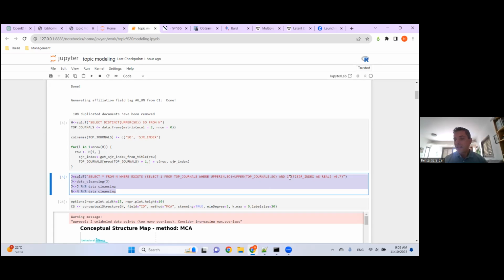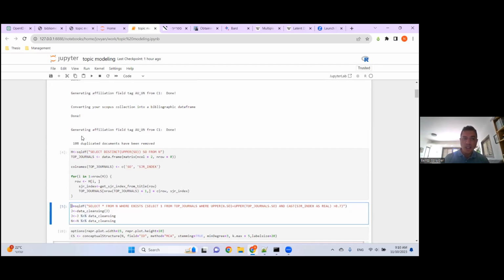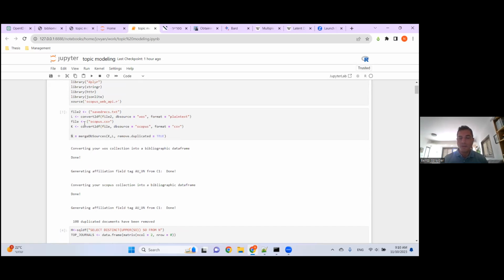I do some filtering. I try to get articles that have a good index, where 0.77 basically correlates with Q1 publishers. So I have two data frames. One is the original, merged one, with the content from Scopus and Web of Science.